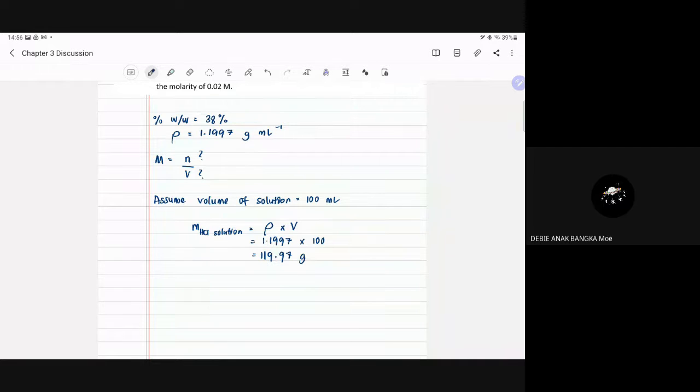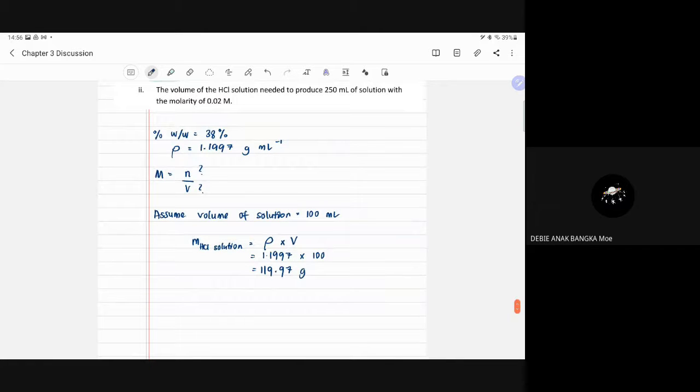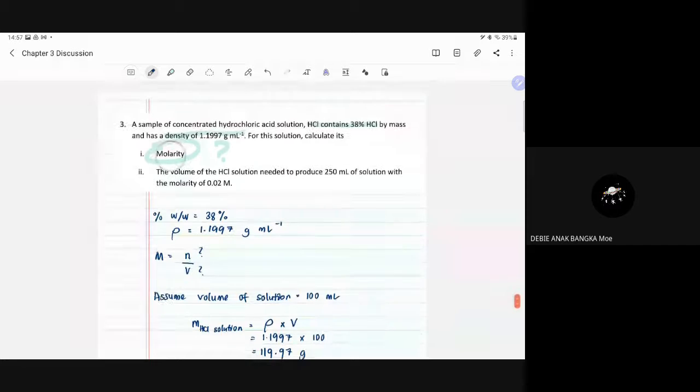Okay. Bila untuk guna assume volume? Kita assume volume kalau dia bagi tahu percentage by mass, dia bagi tahu density, dia suruh tukar kepada molarity. So inilah macam ni. Dia tak cakap tukar, dia suruh kira kan. So itu sama je sebenarnya. Kita nak tukar unit kepekatan dia. Kita ubah unit kepekatan dia.